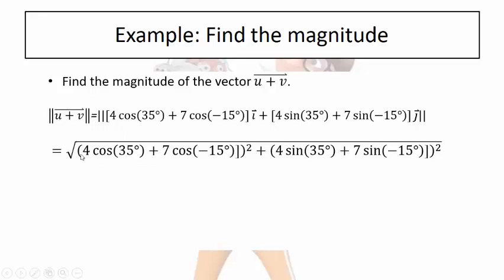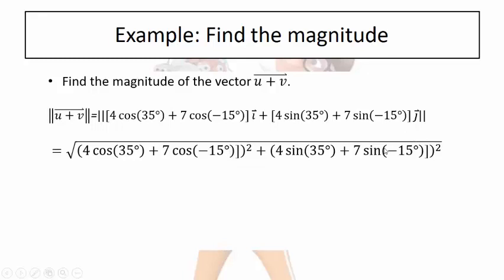The next term from this set of parentheses would be plus 2 times 4 times 7, so that would be 56, and you'd have a cosine of 35 times cosine of negative 35. Over here you'll have a 56 and the product of sines. Your last term from this would be 49 cosine squared, 49 sine squared.